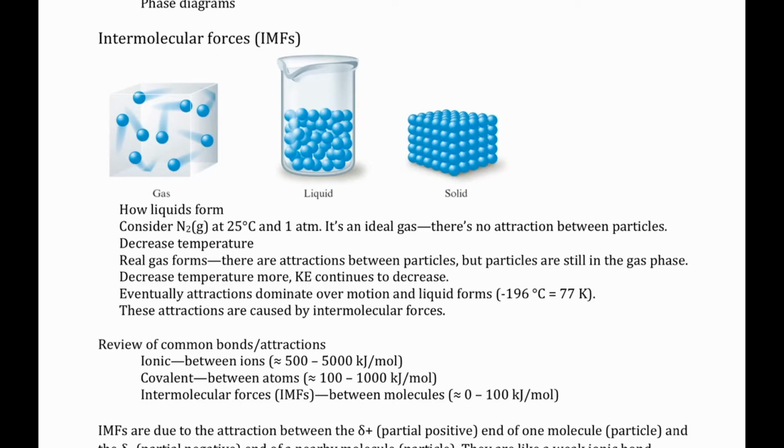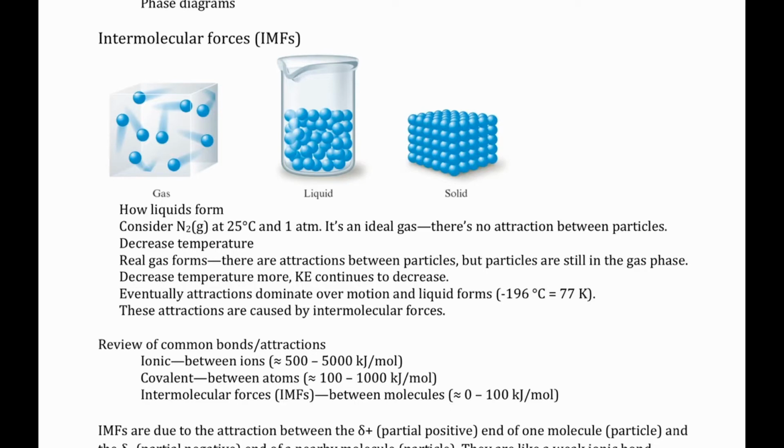Alrighty, so how liquids form. Consider liquid or gaseous nitrogen at room temperature, 25 degrees Celsius, and typical pressure, 1 atmosphere pressure. So basically room temp and pressure. It's an ideal gas. There's no attraction between particles. So that's our ideal gas premise.